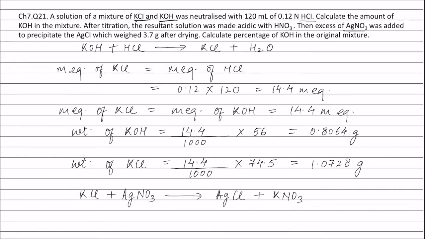Now weight of AgCl formed is 3.7 grams. Therefore, equivalents of AgCl formed is 3.7 divided by equivalent weight of AgCl, that is 143.5, and equivalents of AgCl will be equal to equivalents of KCl.